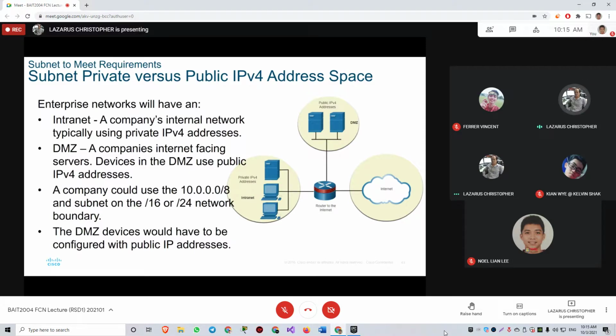As an ISP, you're only able to create networks for your own use or for your customer use, and usually they have private network IP addresses, right?